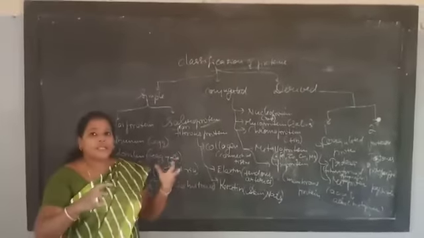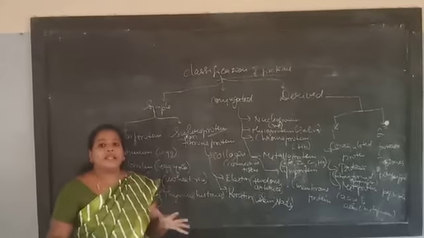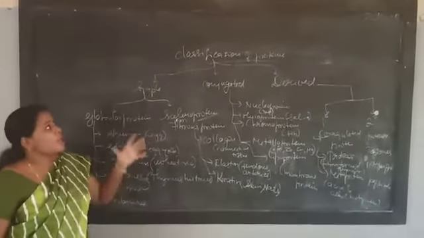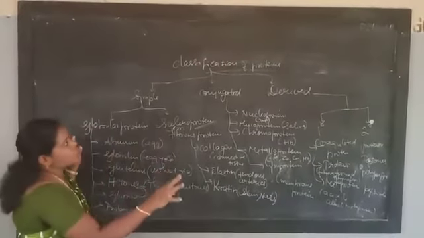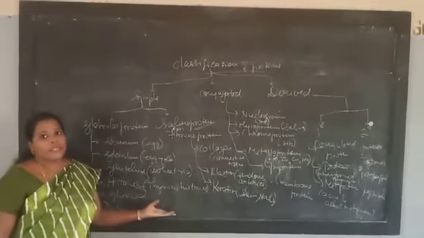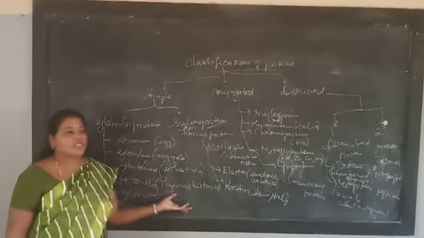And incomplete proteins completely lack the essential amino acids. So that's all about the nutritional proteins, and this is the main classification of proteins. First year students will be studying these basic concepts about classification of protein. That's all about this class.